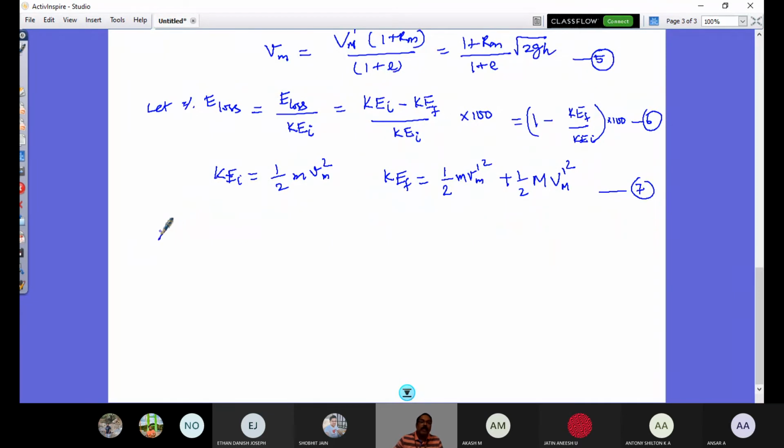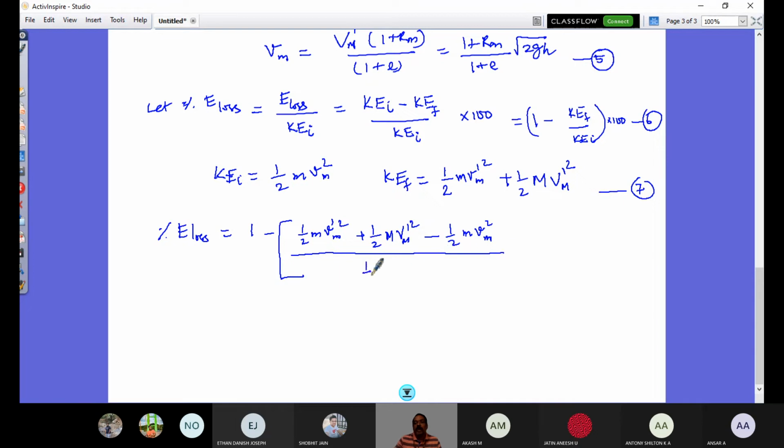So I would get now percentage energy loss, that is going to be equal to kinetic energy initial minus this. So it is 1 minus, kinetic energy final is half m v m dash square plus half capital M v capital M dash square, minus half m v small m square divided by initial kinetic energy half small m Vm square.